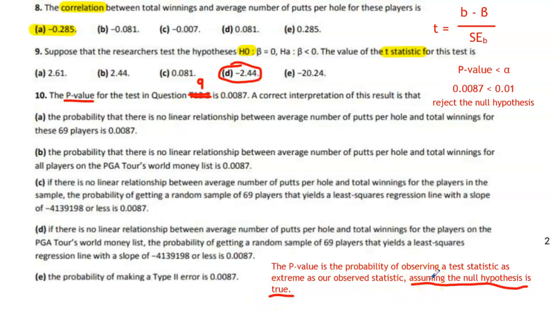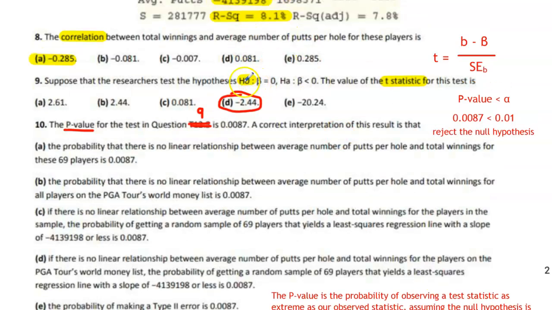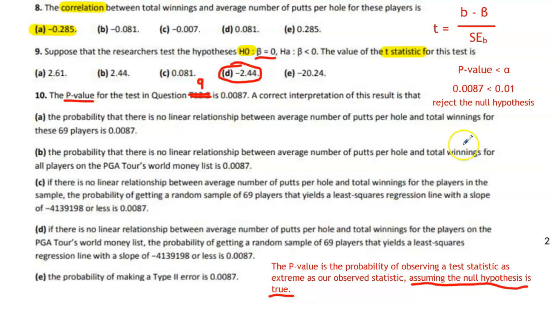Well, what's the null hypothesis in this case? That null hypothesis is that beta is equal to 0. In other words, there's no linear relationship between average number of putts per hole and total winnings for the players on the PGA Tour World Money List.